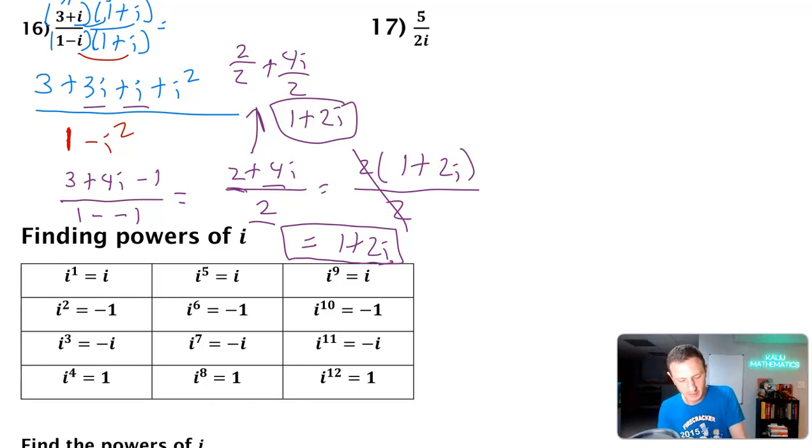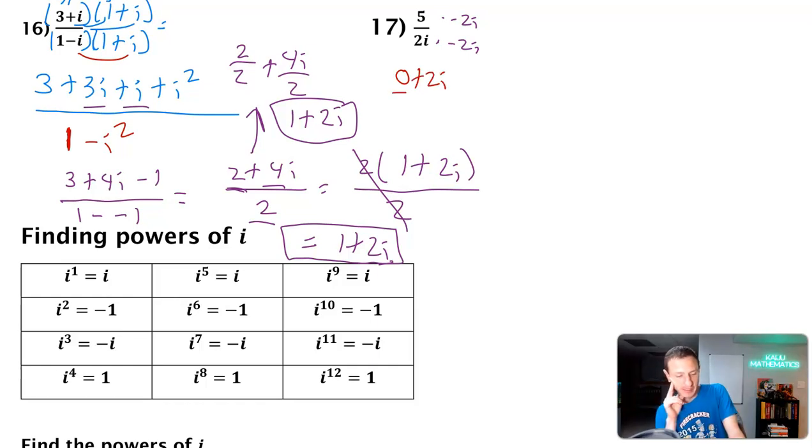And 17, 5 over 2i. So with 2i, we're just going to multiply by negative 2i. Kind of a funny concept there. We're just multiplying by the negative 2i. Because if you think about what's happening with that one, why are we just multiplying by 2i? This is technically 0 plus 2i.